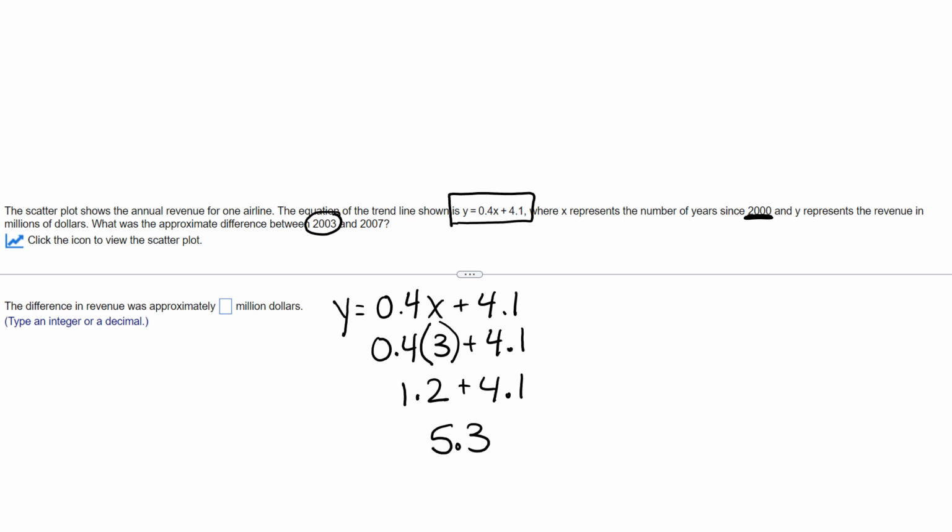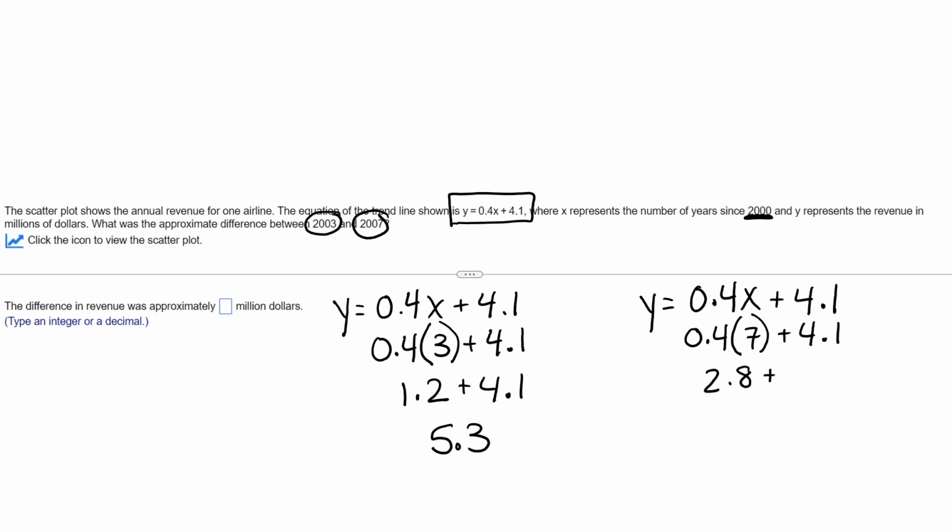We solve it again using 2007, so the same equation, y equals 0.4x plus 4.1. But this time, we're going to multiply by the 7 because the year is 2007. 0.4 times 7 is 2.8. We add that to the 4.1 to get an answer of 6.9.